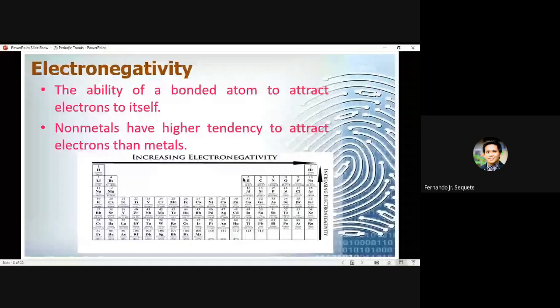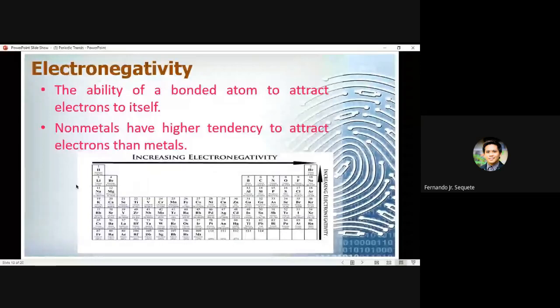Ayun, naintindihan. And of course, children, we all know na mas marami ang ating tinatawag dito na metals, no? Mas daghang mga metals diri sa ubos, therefore, ang ato ang electronegativity from top to bottom is decreasing. Okay? Again, top to bottom, decreasing.